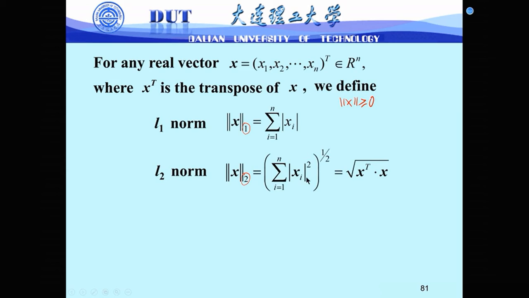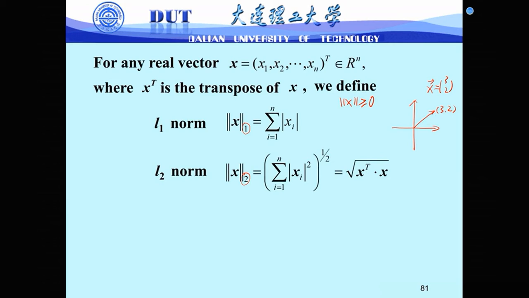Okay, so for example, we know this point, for example, here 3, 2. That means x is a 3, 2, two-dimensional vector. Okay, this vector.